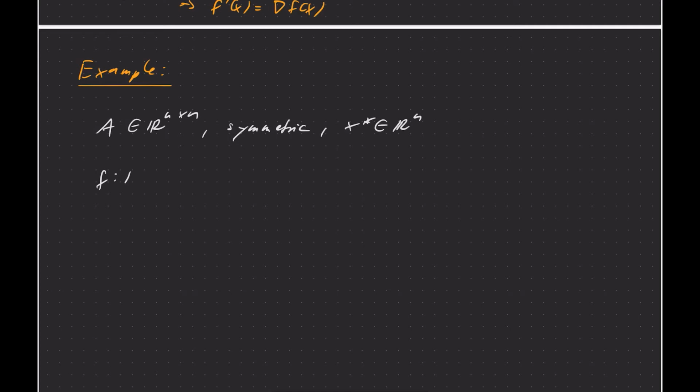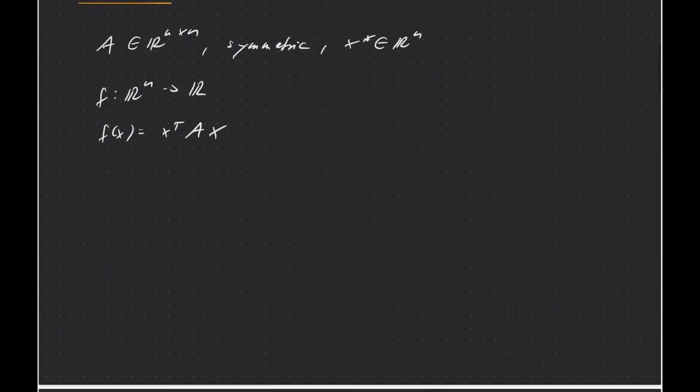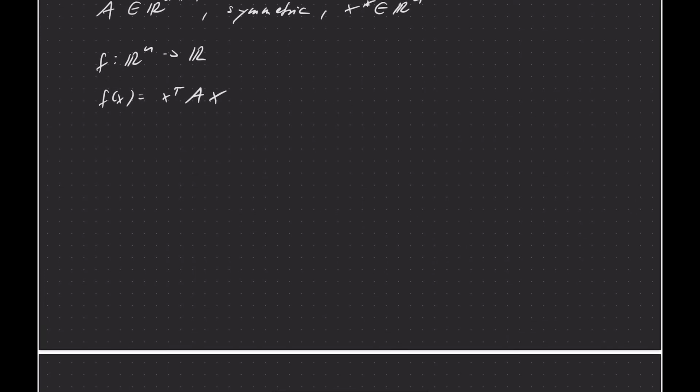We consider a function defined on R^n, mapping to R, defined by f of x equals x transposed A x. Okay, so if you want a generalized scalar product, at least for certain matrices.